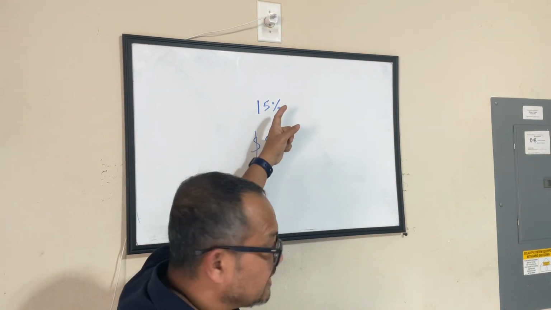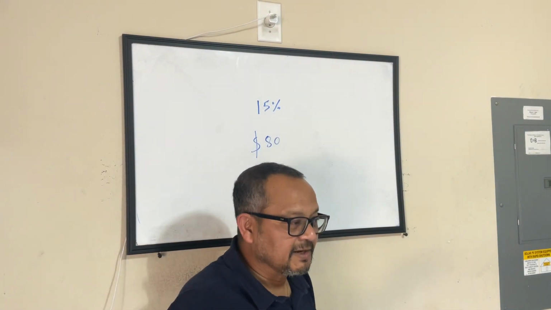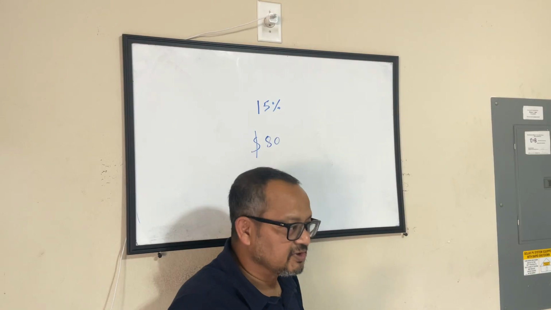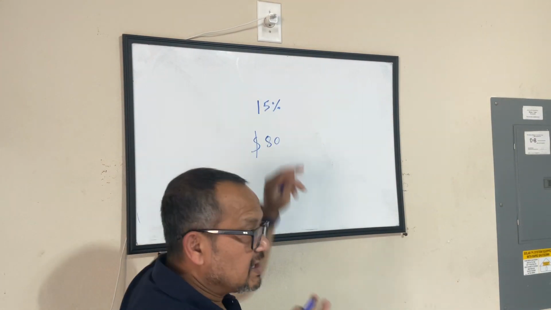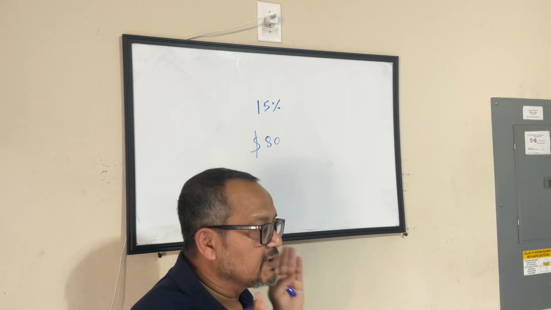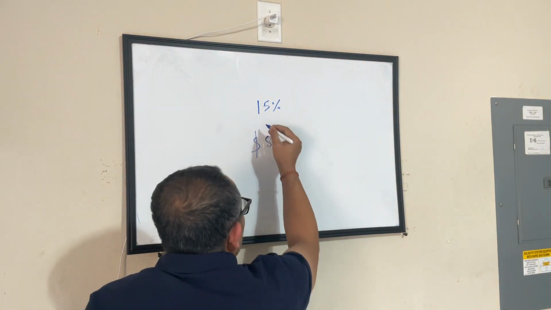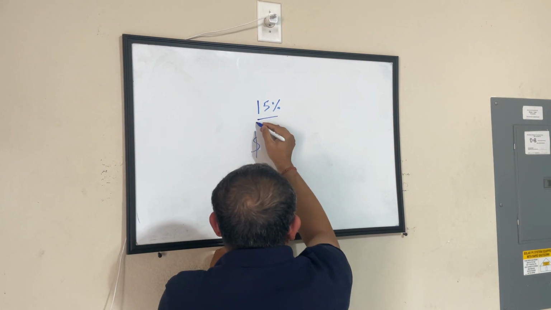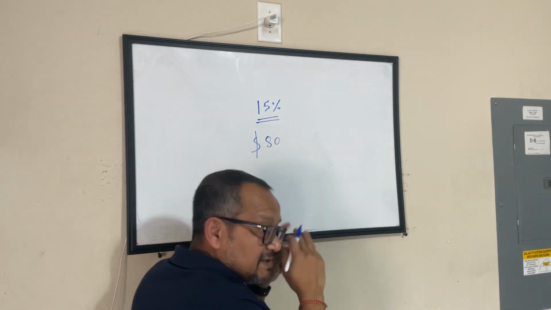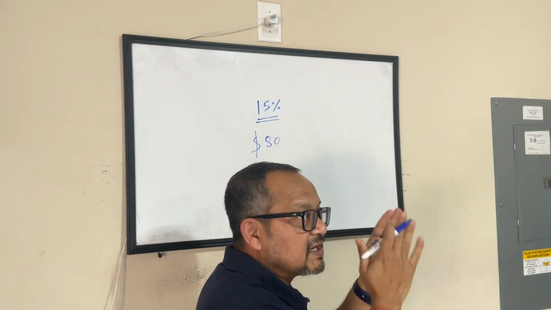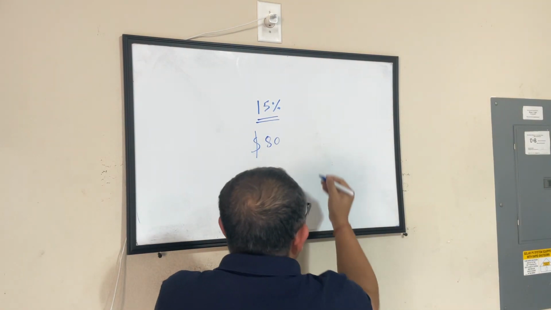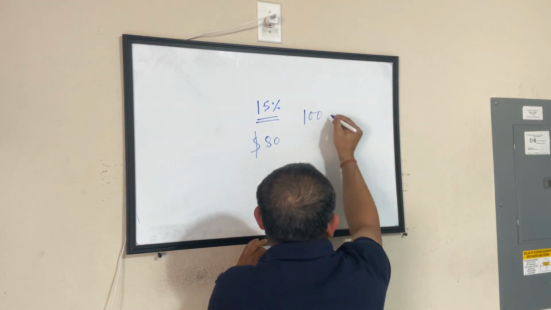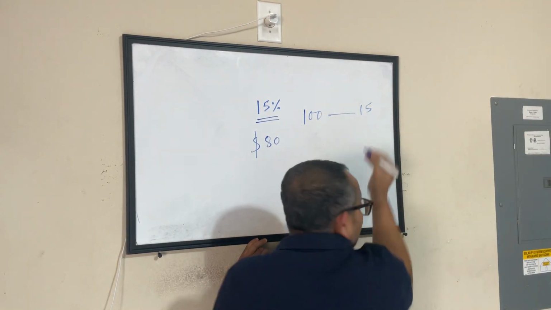I know you all are getting tempted to solve it. I'm just giving you guys a theory, and then obviously we'll look at some problems. 15%. So the simplest way you will think about it, 15 per century, 15 for every 100. Meaning, for every 100, there's a discount of $15.